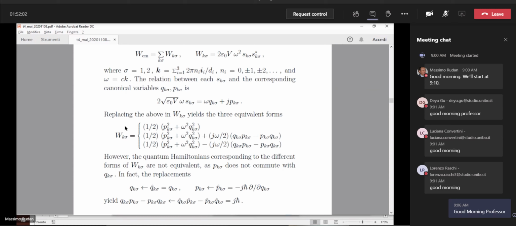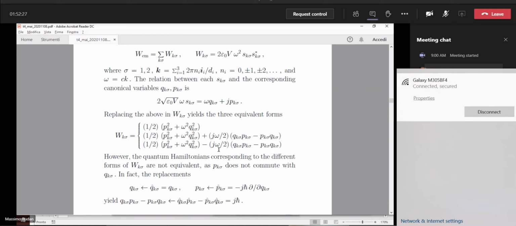What are the other two expressions that are on the same line? The other two expressions are exactly the same expression as above, because if you check the extra terms, QP minus PQ is 0. And again, in the third line, QP minus PQ is 0.